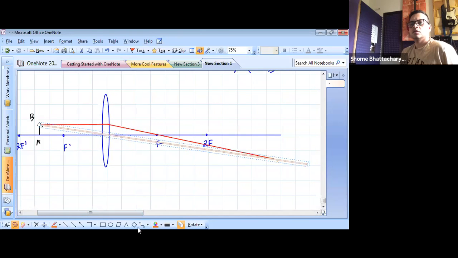Also consider another ray going through the focal point.